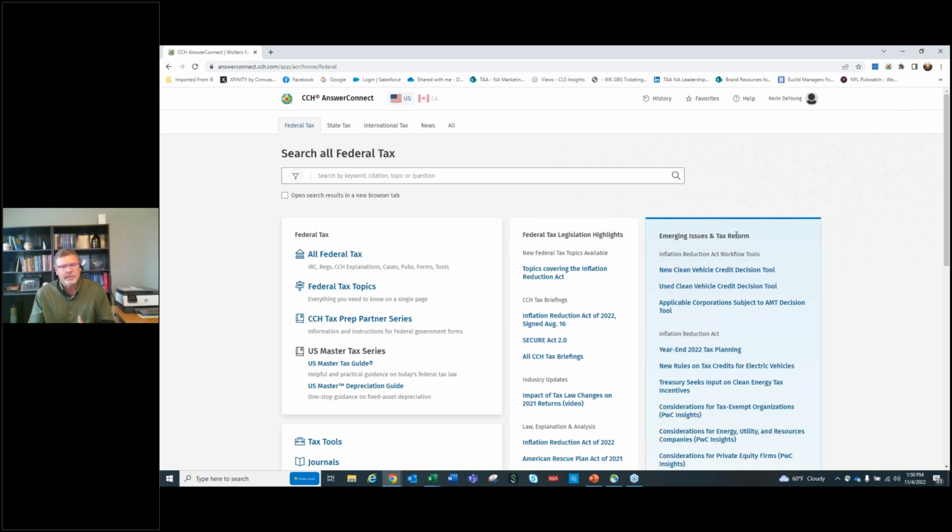Again, we're focusing on that research workflow and the process by which you pull all the information together, as opposed to past platforms where you would go into a code section or an explanation, and there would be references to all sorts of different areas within the platform's codes, regs. We heard a lot of talk about the regulations and the changes to those and the interpretive guidance that they grant as part of the overall research process.